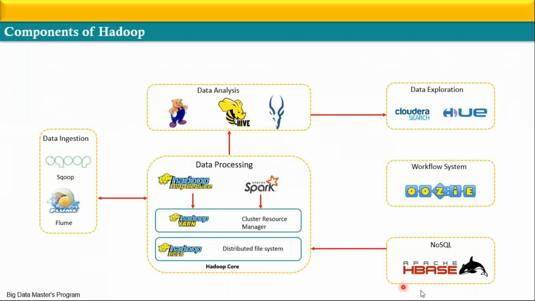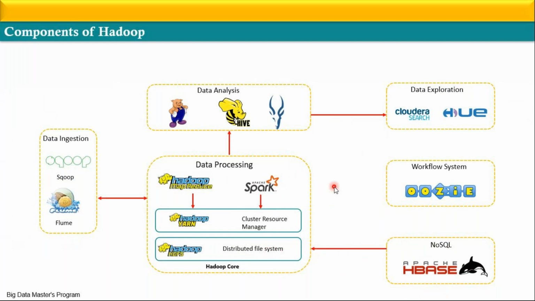It has a NoSQL database as well, that is HBase. If you want to query the data that is stored inside HDFS, then you can leverage HBase. HBase is a NoSQL database for querying the data which is stored inside HDFS.